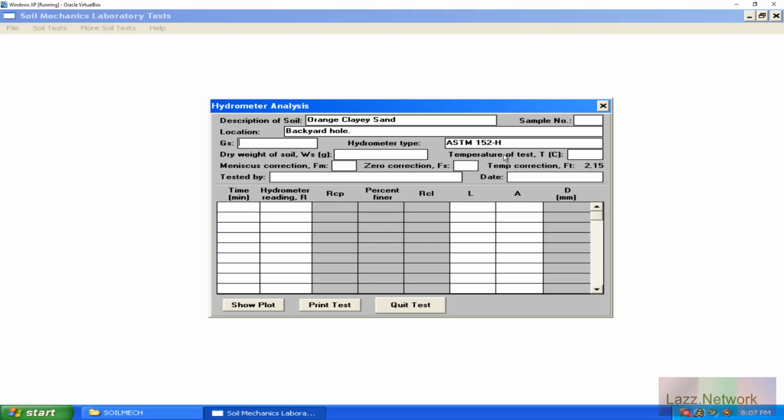Remember, the meniscus is the curvature of water. Like if you had a clear glass and you see that weird curvature where it doesn't look flat, that's called a meniscus. You read at the top of that, where it touches the line on your hydrometer, and that's your reading.